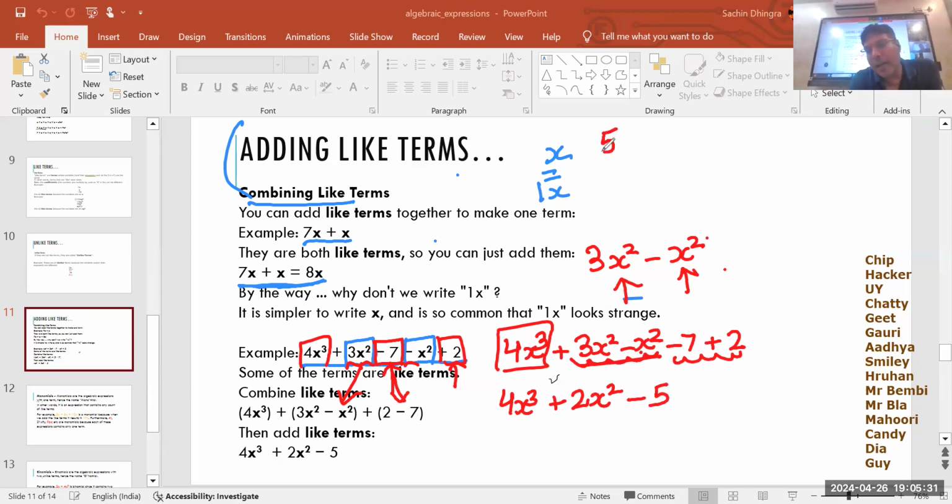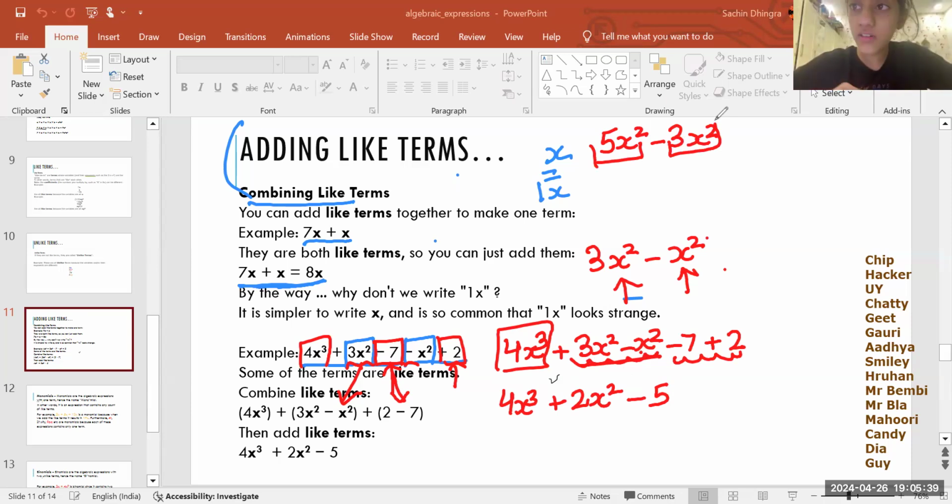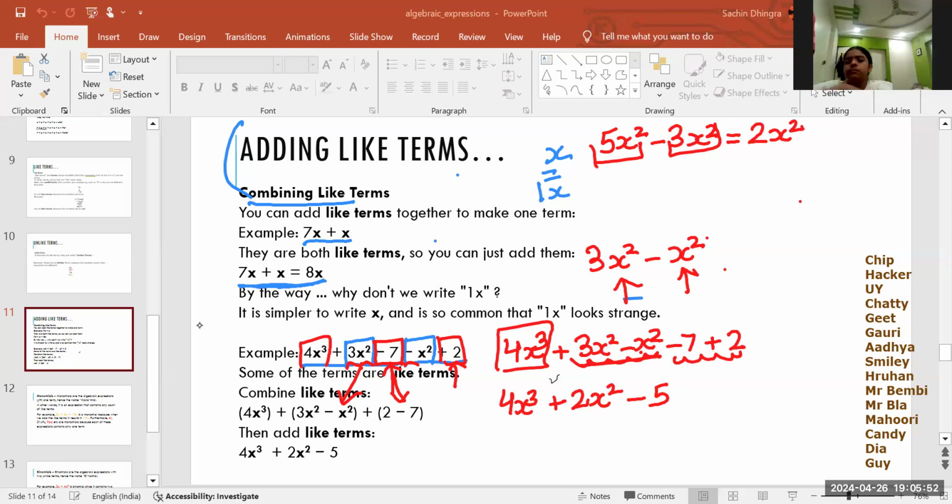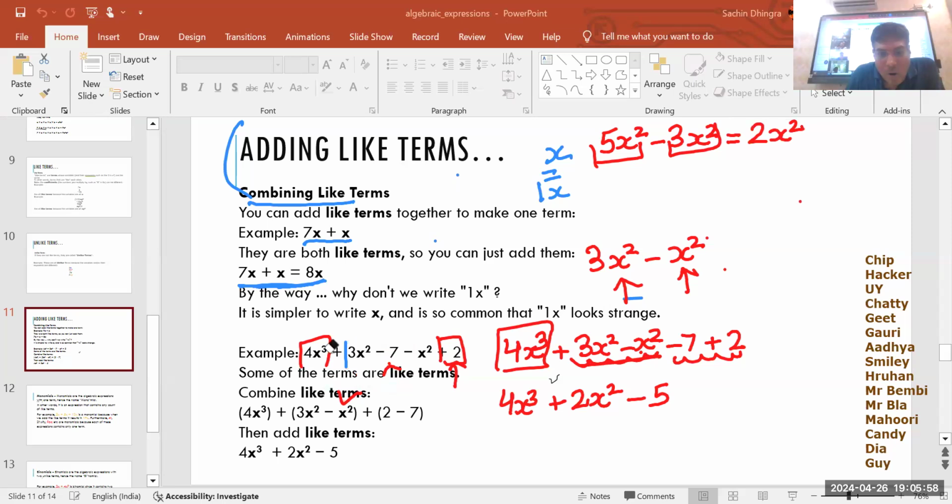Beta, see, if it is 5x square minus 3x square, are they like terms or unlike? Like terms. So we can subtract, just as we do 5 minus 3. 5 minus 3 is 2, so I will get 2x square. Sir, I didn't understand the example. The example given is 3x square and minus x square, they are together.